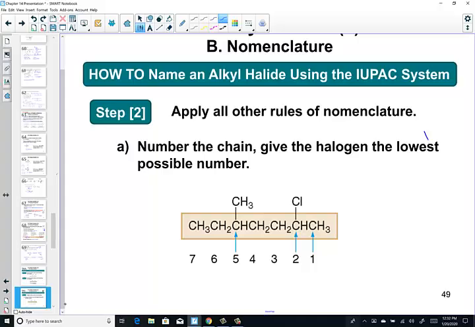Number the chain, giving the halogen the lowest number, and then therefore this becomes 2-chloro. Then I see a 5-methyl and the parent chain heptane.